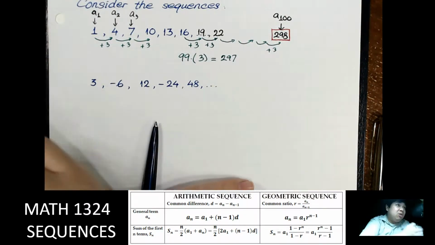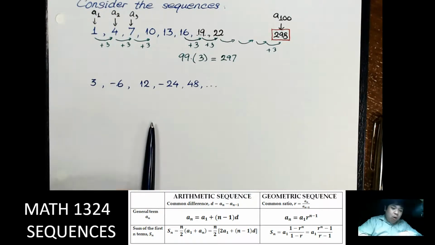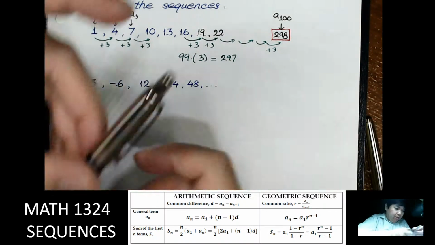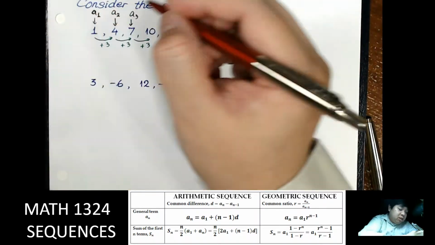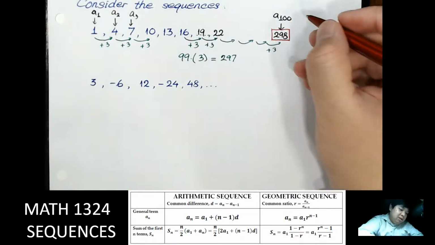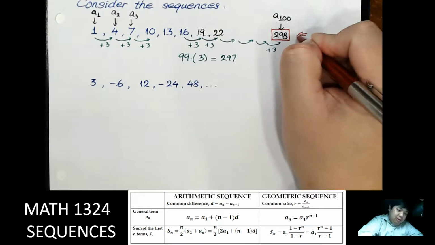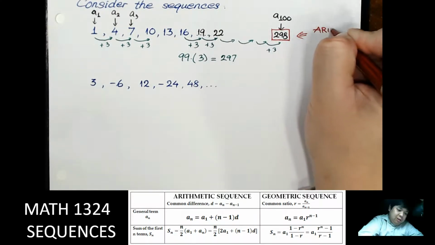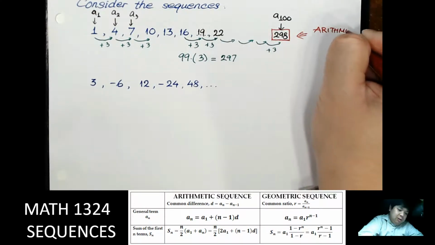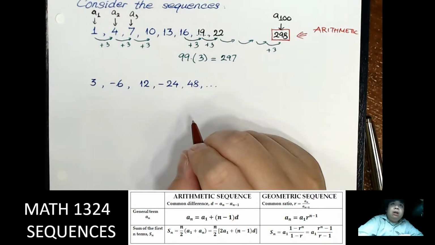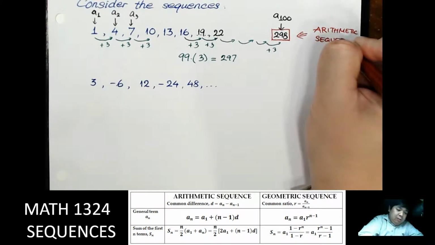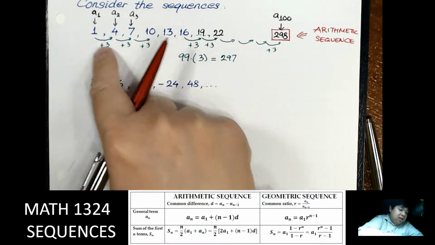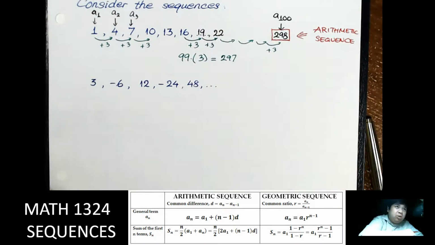So we did not even have any formula for it. Now we define it properly. This is called the arithmetic sequence, where we just add a constant to a term to get to the next.